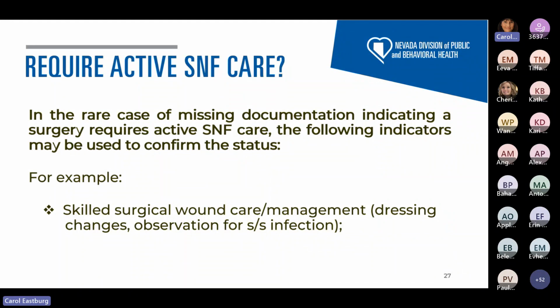Does it need something? Does the doctor need to be alerted that whatever's going on with that wound, your average Joe off the street wouldn't be able to take care of it in a skilled nursing way. So you need skilled nursing, and that would be something that would require active skilled nursing facility care.